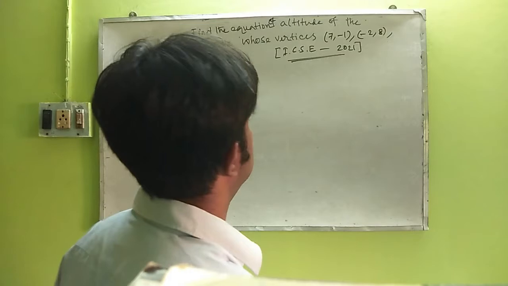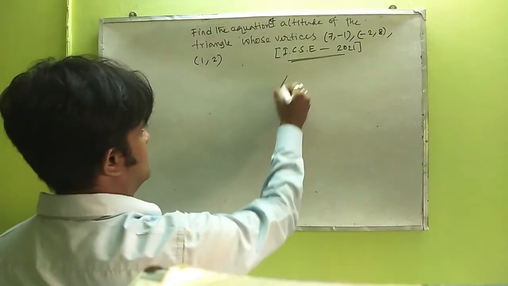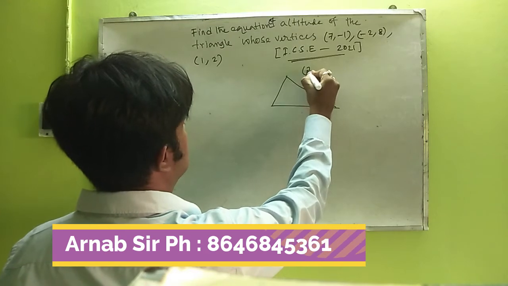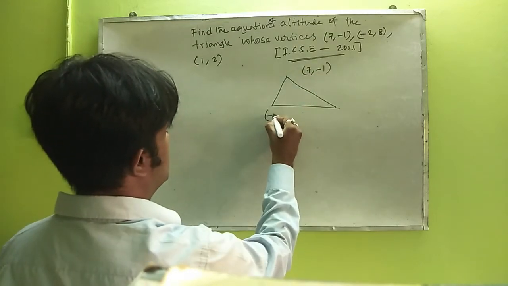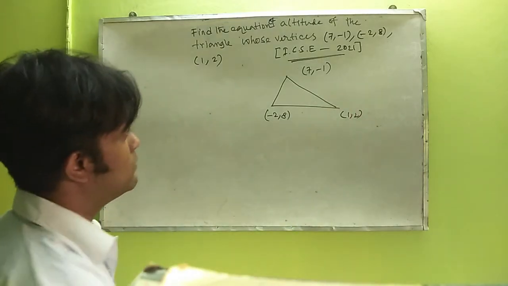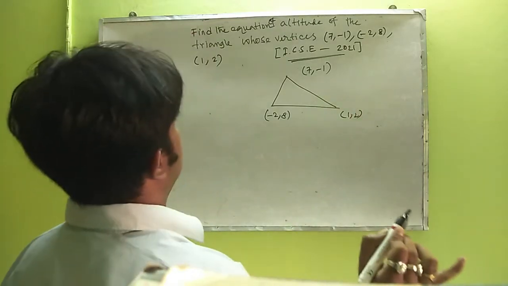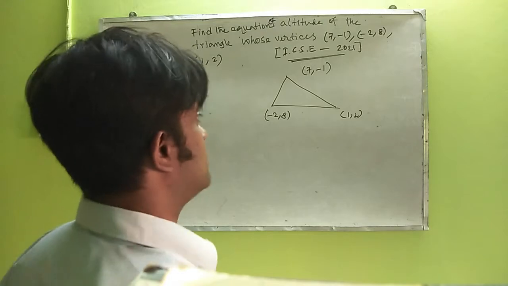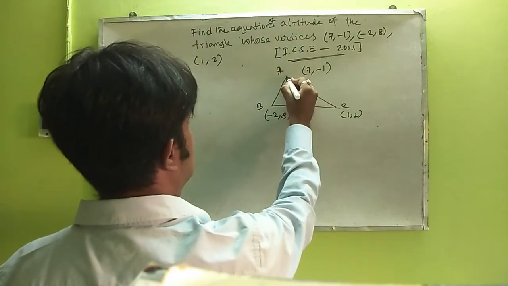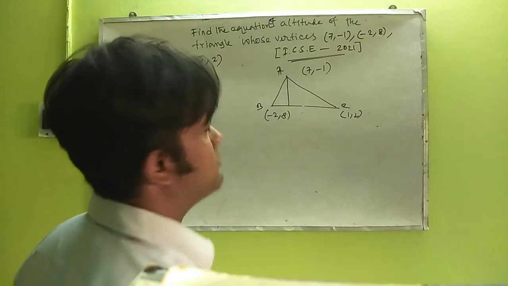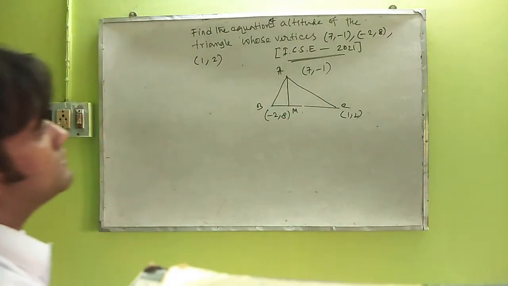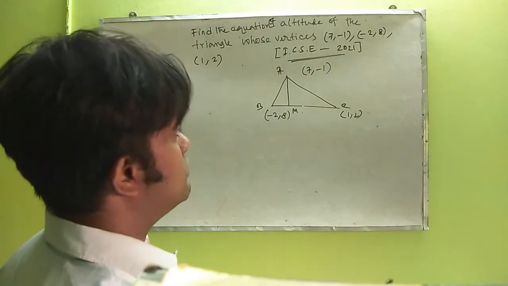First we draw the triangle. This is 7, minus 1, minus 2, 8, 1, 2. You have to find the equation of altitude. First, we draw this perpendicular line, and this first altitude is AM.